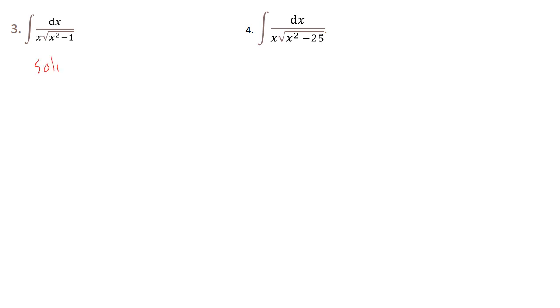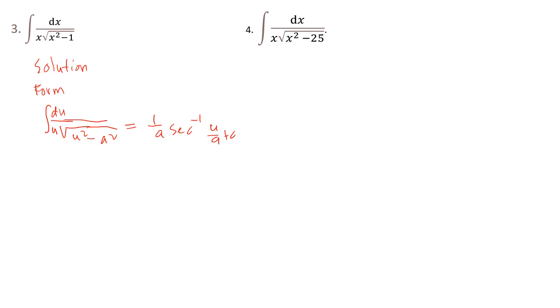So your solution, this was the form of integral of du over u square root of u squared minus a squared equals 1 over a arc secant u over a plus c.